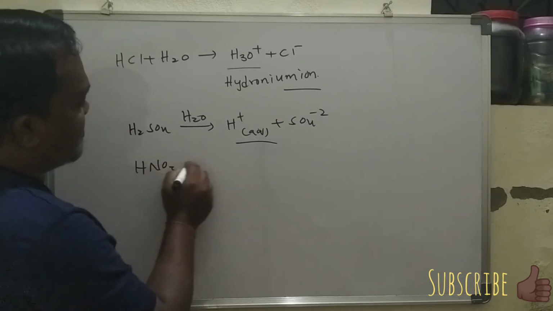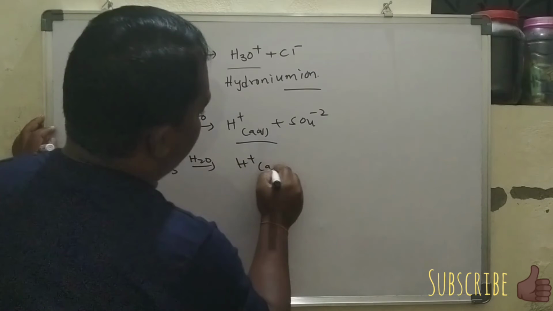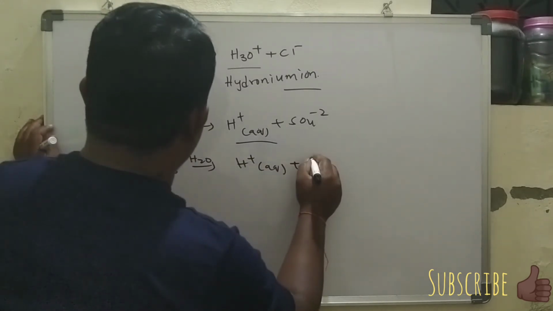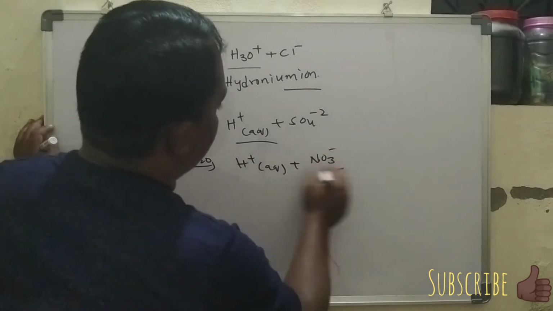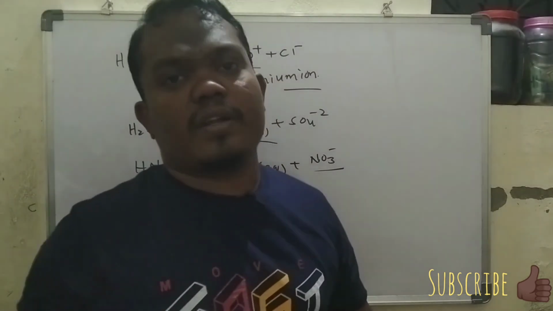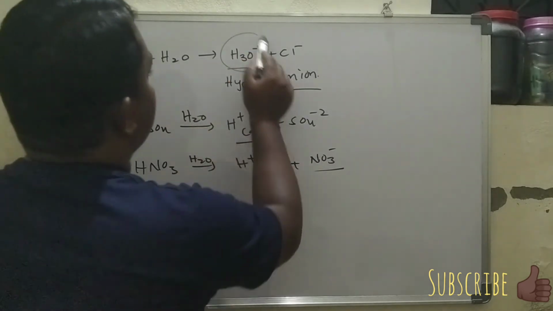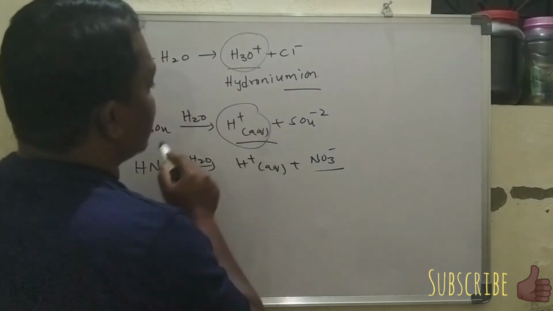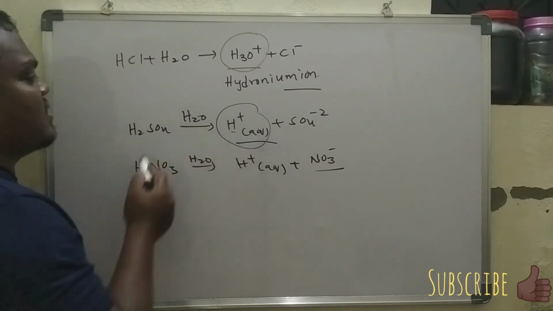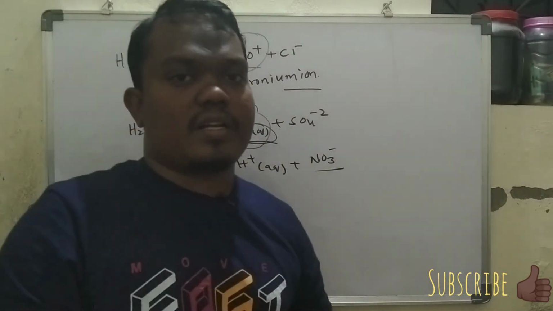So all acids, in the presence of water itself, give us H plus ions. H plus ions alone cannot exist. Generally the H3O plus ion exists; if H plus ion exists, it is in aqueous form, that means it is compulsorily in water.